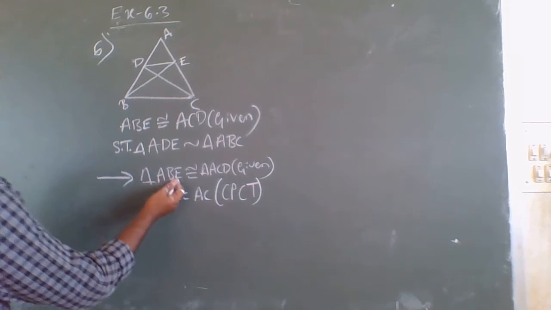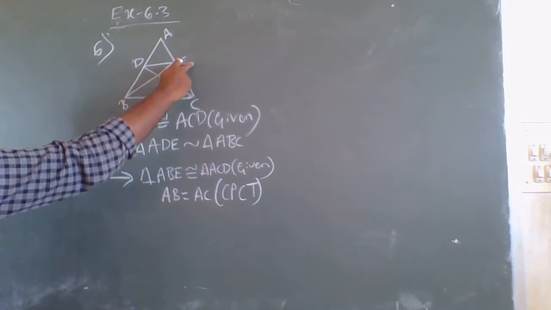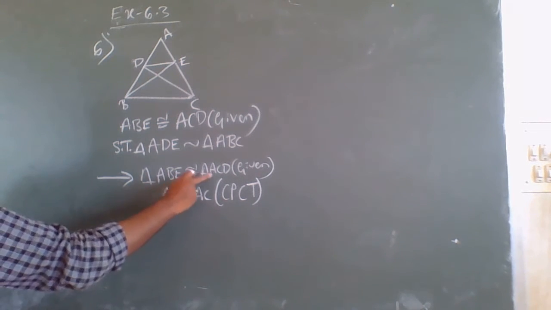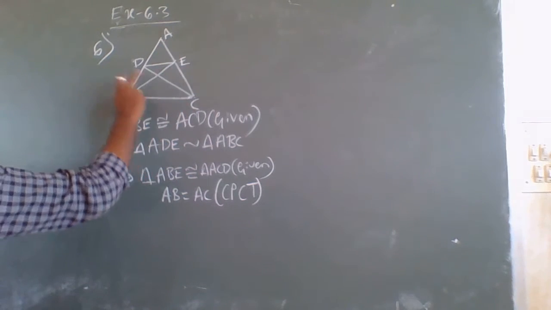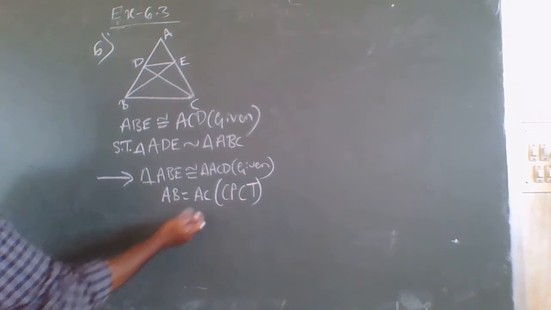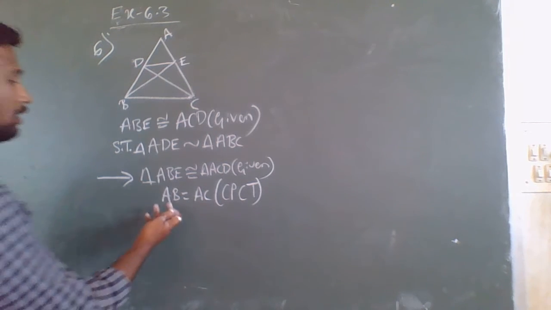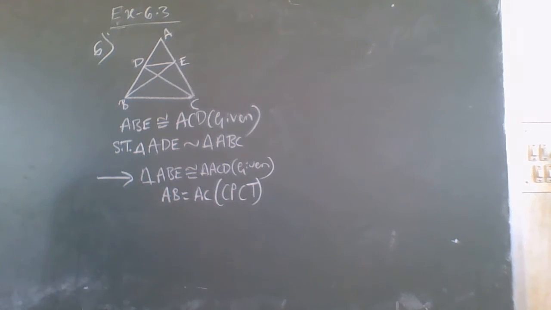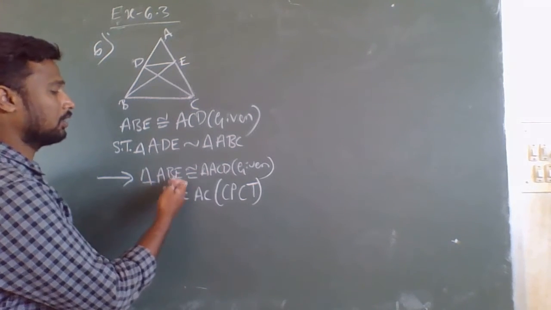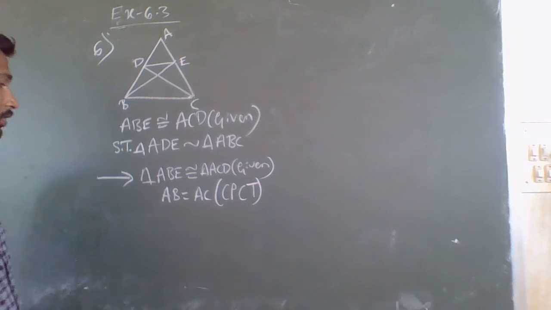In ABE, AB is the baseline, and in ACD, AC is the baseline. Therefore, AB is equal to AC. These two are corresponding sides of two congruent triangles, therefore these two sides are equal to each other.